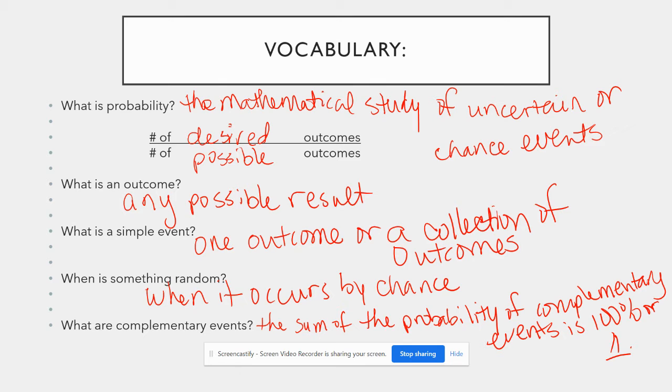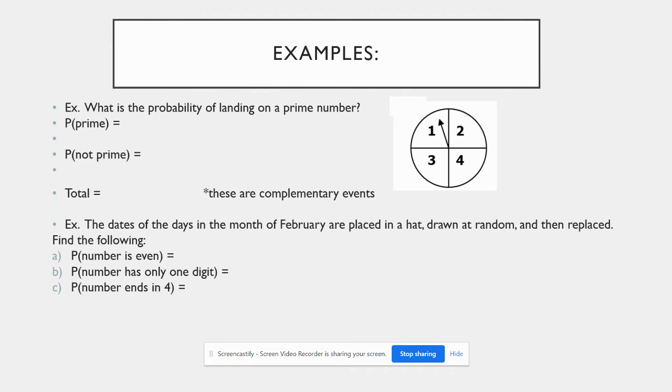So let's take a look at some examples. I have a number spinner. There are 4 possible outcomes because I have 4 possible values that the spinner can land on. And so our first probability, the probability that a number is prime.